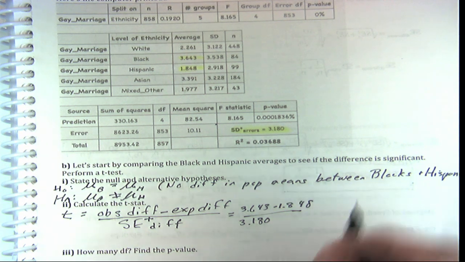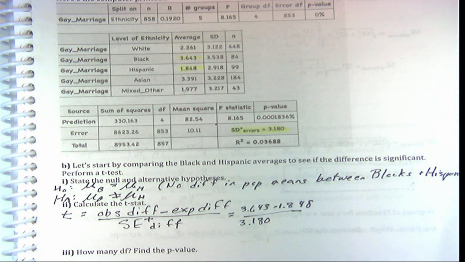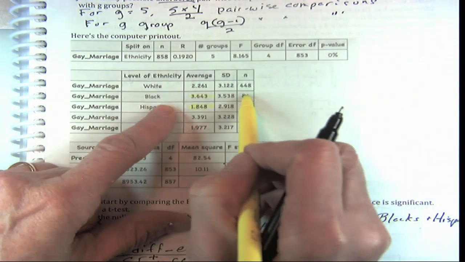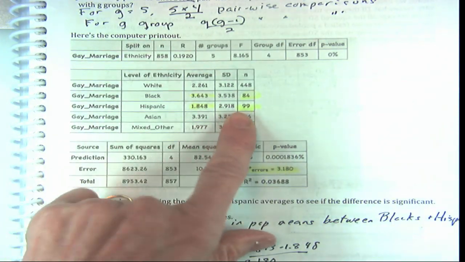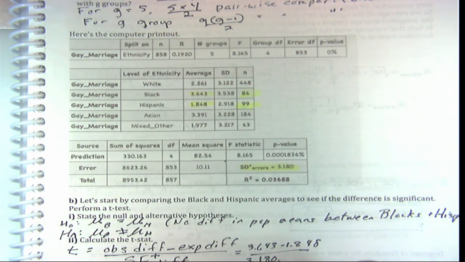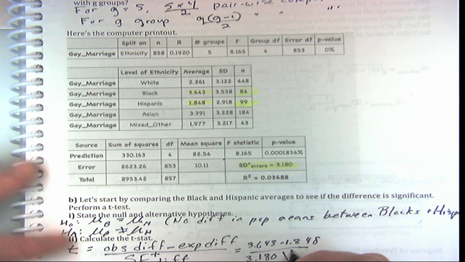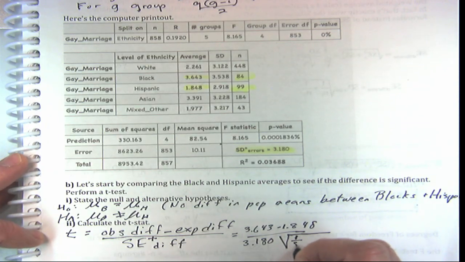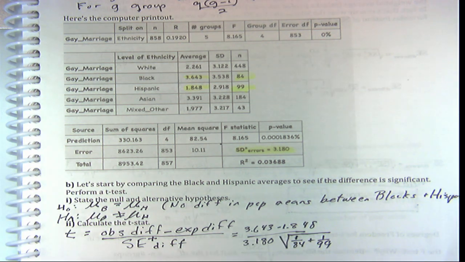And then, remember, you always have to divide through by the square root of n, but we have two n's here, one for Blacks and one for Hispanics. So we're going to put the square root of 1 over 84 plus 1 over 99. So that's what it looks like.